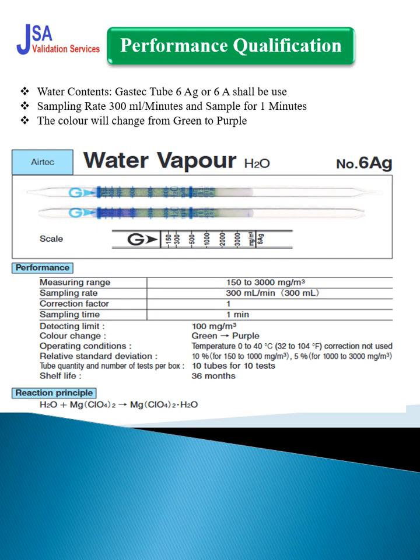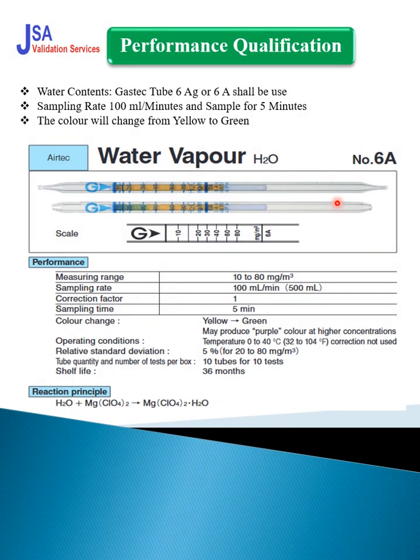Okay, the second tube we are using is the 6A. This is the lower range, 10 to 80 mg per meter cube. Okay, 100 ml per minute is the sampling rate for 5 minutes. We have to sample for 5 minutes at 100 ml per minute. The color change in this is yellow to green. This is the reaction that happens, and due to this reaction the color changes.